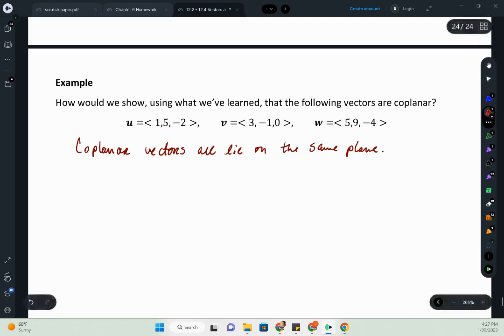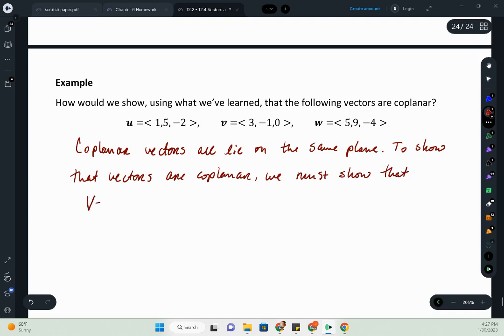So to show that vectors are coplanar, we must show that the volume, the magnitude of, I guess I'll use U, V, and W, U dotted with V crossed with W is equal to 0.